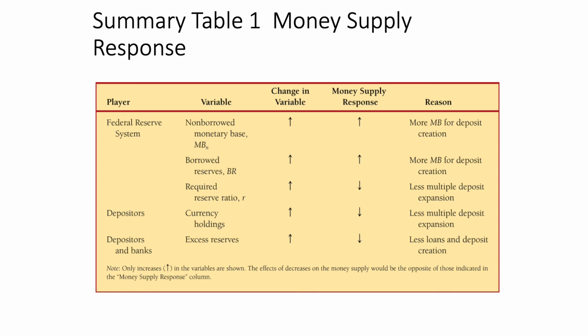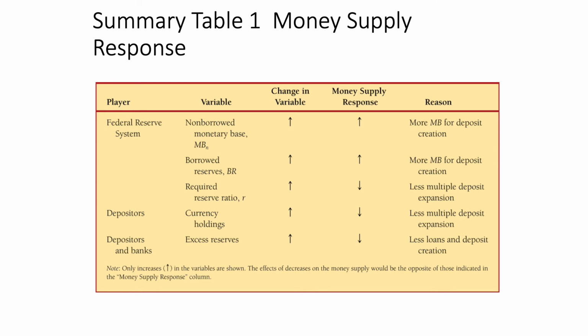Depositors, on the other hand, if they decide to hold more currency, if that variable were to go up, this would reduce the money supply. And banks, if they choose to not make as many loans, holding more excess reserves, right? If they increase their excess reserves, then of course the money supply will fall for that reason as well.